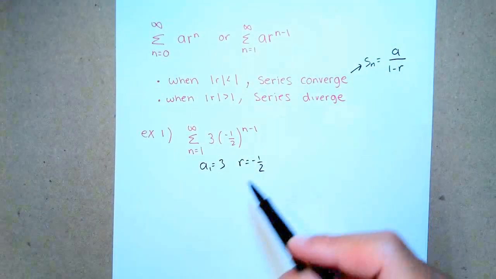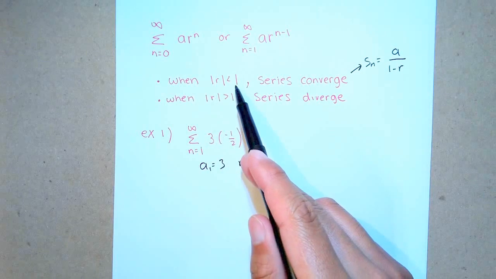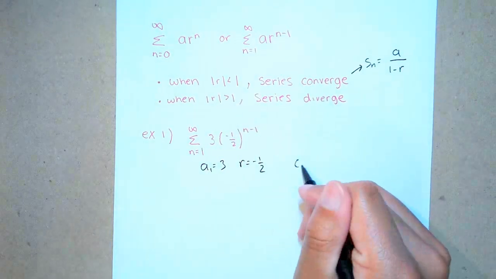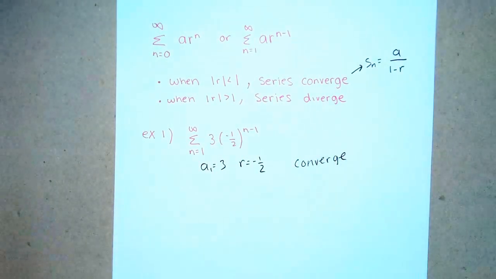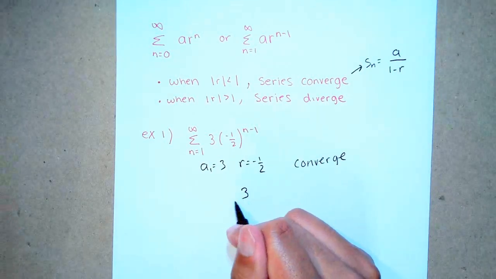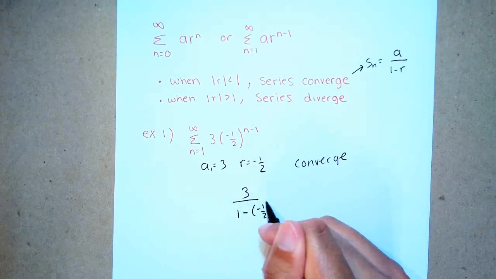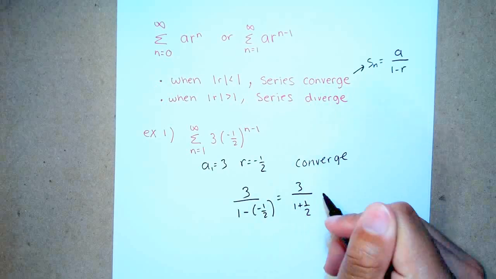Because r is equal to negative 1/2, take the absolute value of that, and you see how it's less than 1? So that means that our series is going to converge, which is nice because now we just have to actually figure out what our sum is going to be. And our sum is only going to be 3 over 1 minus negative 1/2, which is 3 over 1 plus 1/2.